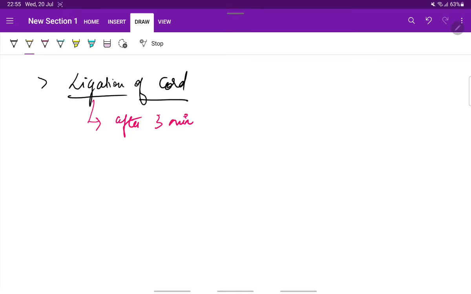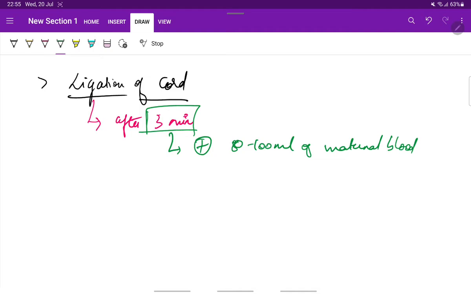This is because it allows an additional 80 to 100 ml of maternal blood to the fetus in these 3 minutes, from which the fetus gets 50 milligrams of iron.